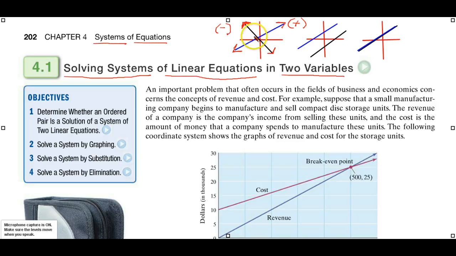That is, these 2 lines intersect, and there is an ordered pair right there that has an x value and a y value that is a solution for the blue line and also a solution for the black line.